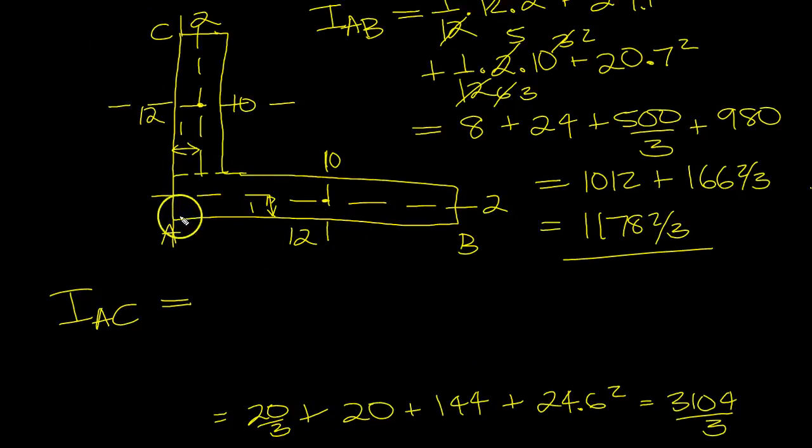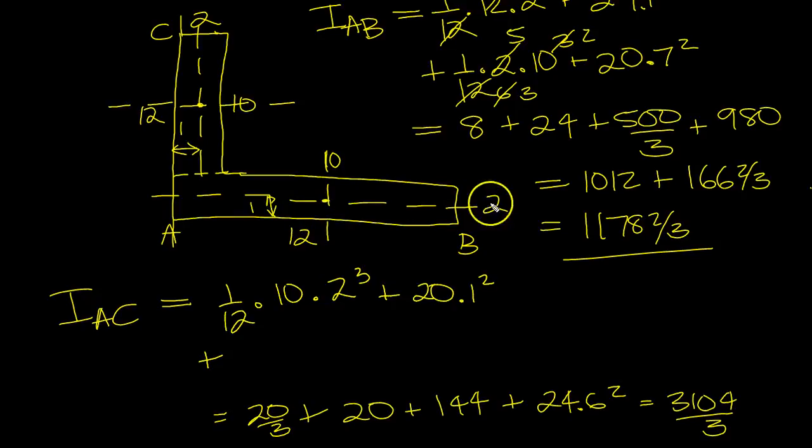So IAC would be this one, which is 1/12 A, which is 10, times B, which is 2 cubed, plus area, now this would be 2 10s are 20, times the distance, which has to be 1 squared, plus, now this one, so this one's right.